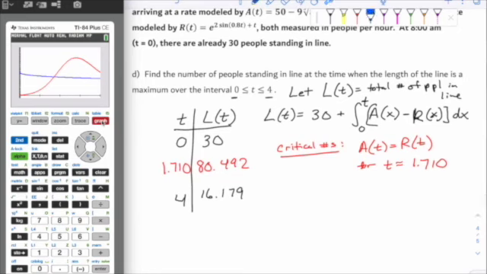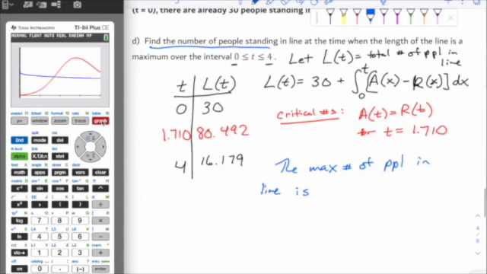Never forget to do that. The number of people standing in line. So the max number of people in line is, and again, they didn't specify to round, or I didn't remember to include it in my directions, round to the nearest whole number. So I'll use 3 decimals, trying to be formal, 80.492 people.